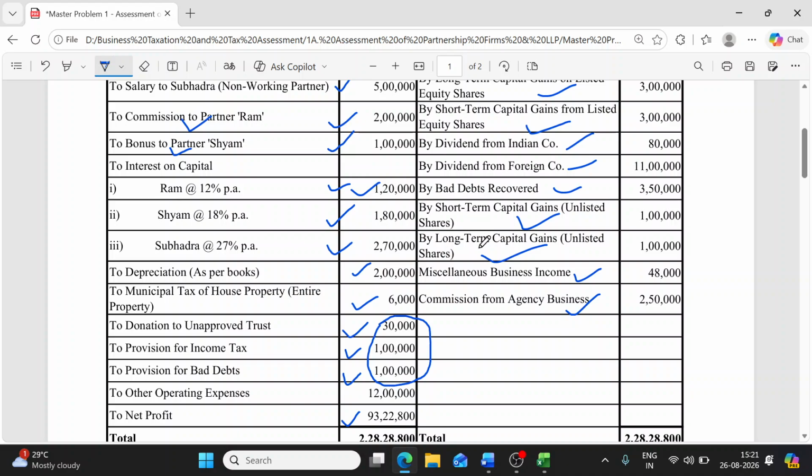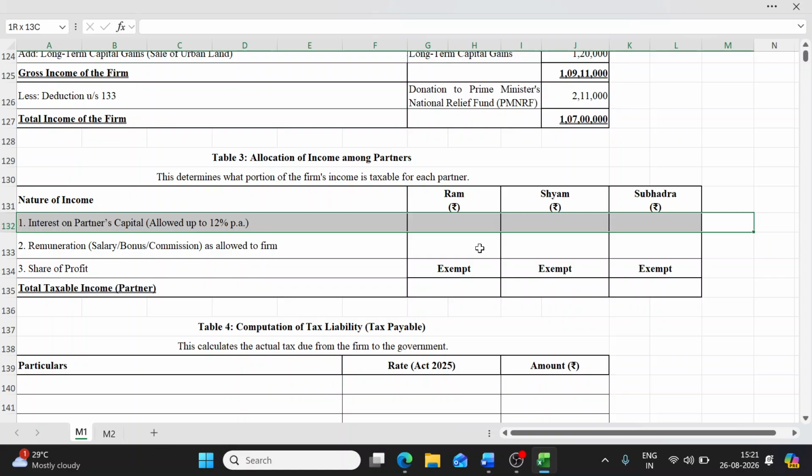If the deduction is claimed by the partnership firm, this is important, I am making an important statement: if the partnership firm has claimed any deduction, if it is allowed to be claimed as a deduction according to the income tax rules, then up to that much portion it is taxable in the hands of partners, because the partnership firm has claimed a deduction on it.